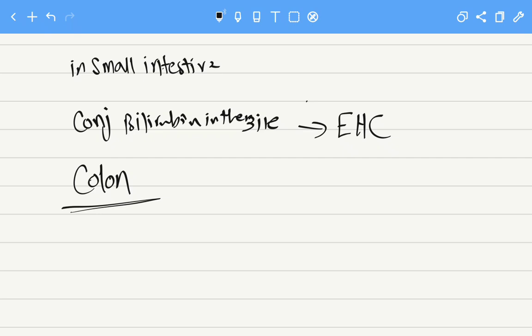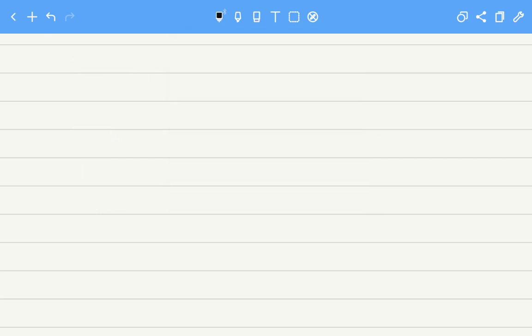In the colon, the bacteria in the colon or large intestine deconjugate the bilirubin into urobilinogen.